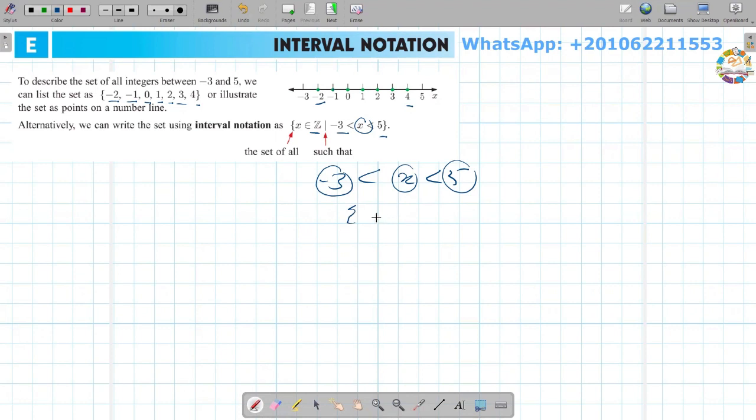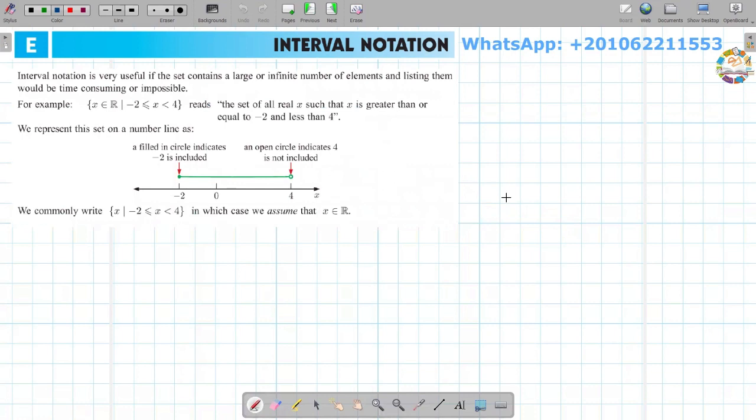Then the set should be -2, -1, 0, 1, 2, 3, and 4, and only that. So interval notation is a set to describe part of a domain or specific values. In this scenario, we represent values from -3 till 5, but -3 and 5 don't belong to the set.